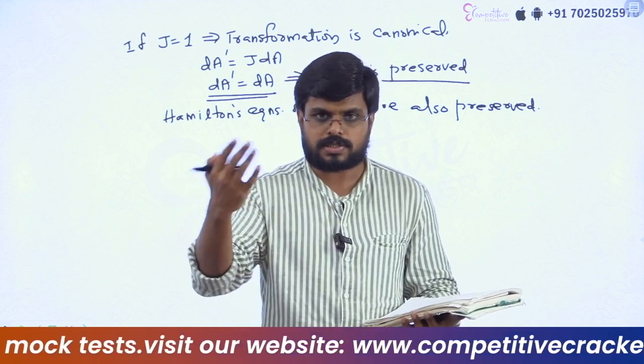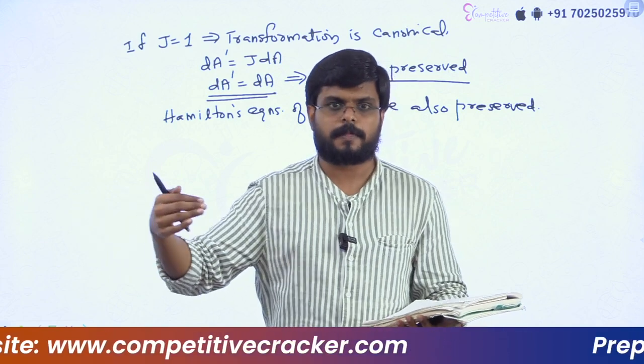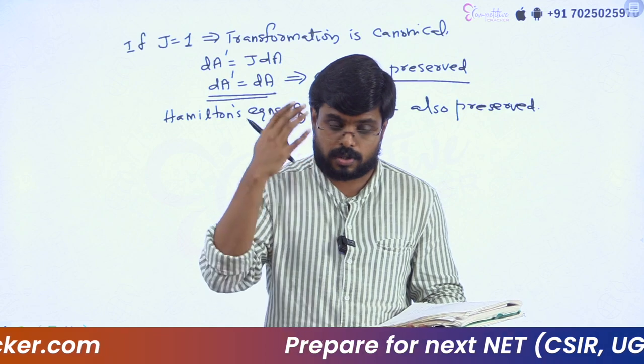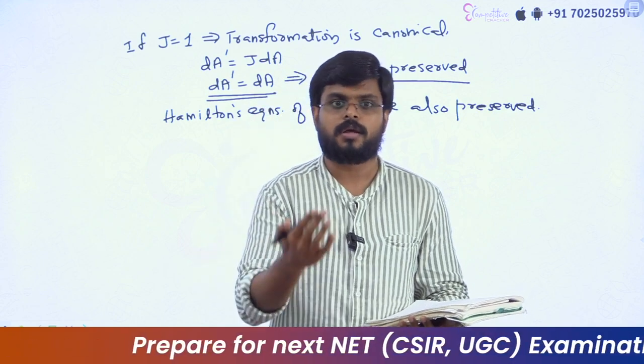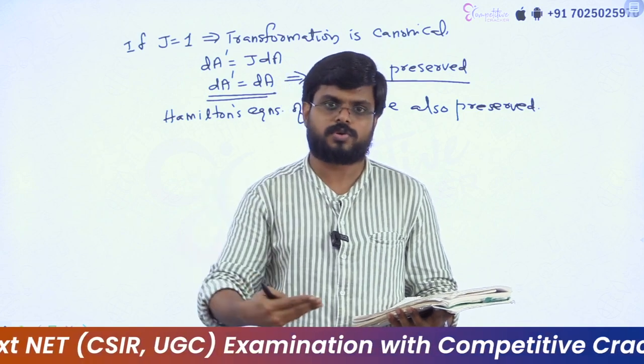They are related as H prime minus H is equal to dou F by dou t, that we know. Obviously we will discuss that. So you will be asked to find out the value of a new Hamiltonian from the value of the old Hamiltonian and new equations of motion also.